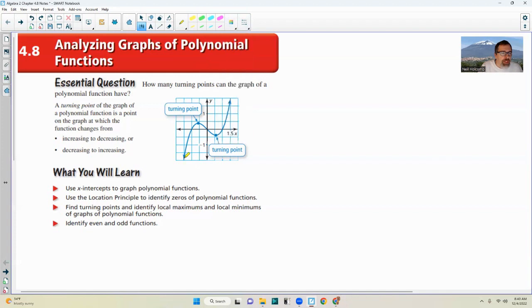It is increasing from here to here. It is increasing here until it gets to that point right there.